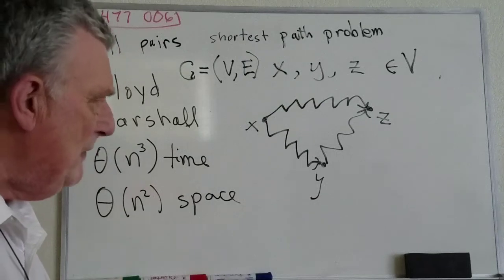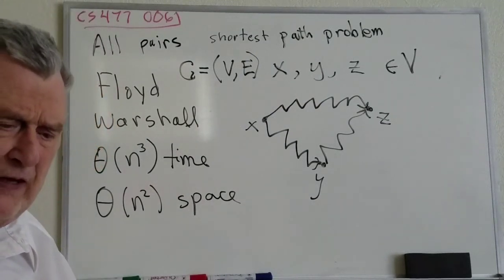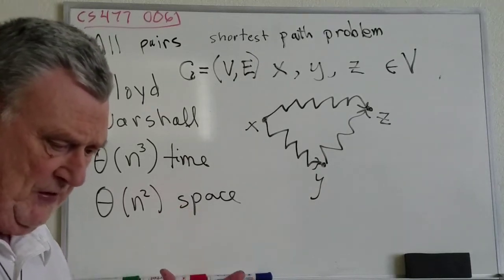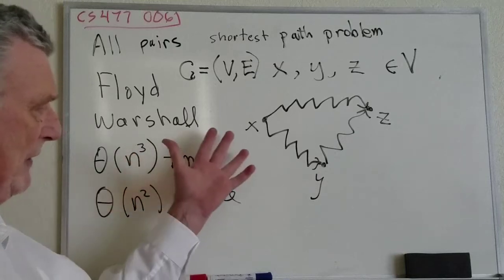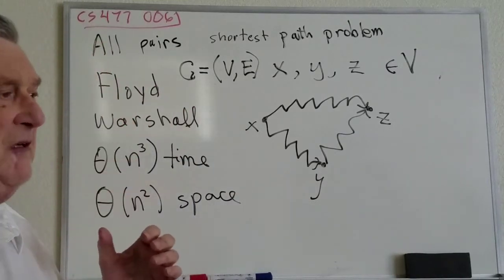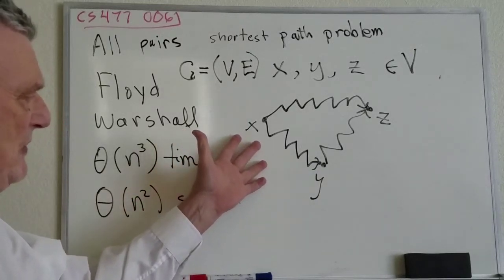Now in the main outer loop of the Floyd-Warshall algorithm, at any given iteration of the main outer loop, we get paths between every pair of nodes.